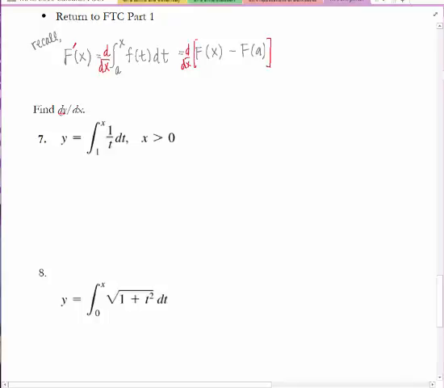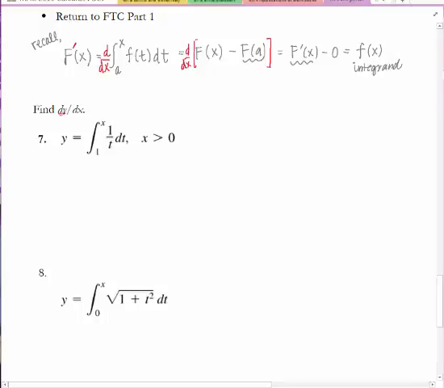From the evaluation end, the derivative with respect to x of capital F of x is simply f prime of x, and the derivative with respect to x of F of a, which is just a number, is 0. So F prime of x, we saw in the fundamental theorem of calculus part 1, is lowercase f of x. It is simply the integrand.